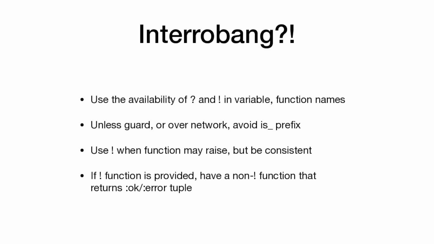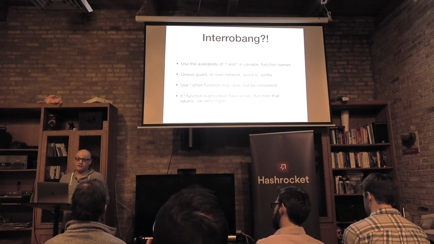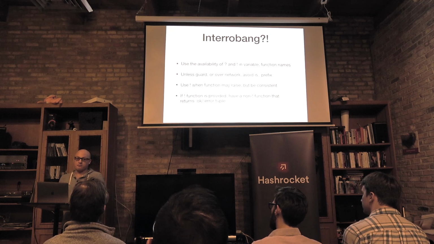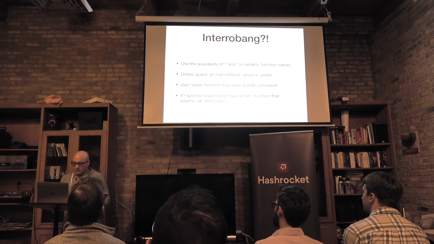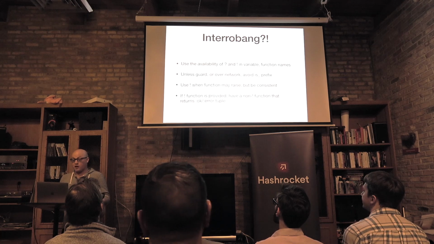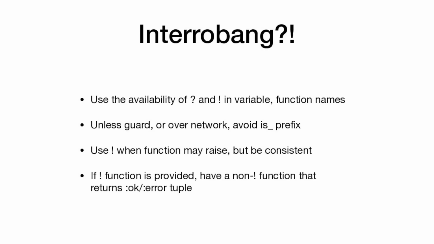Raising exceptions is often not idiomatic within Elixir, but there are definitely cases where you need to do so. And just signifying that in the function name tells the caller that they should be prepared for this thing to raise an exception in some capacity. But if you do that, please provide a function that does not raise, and returns the OK/error tuples.